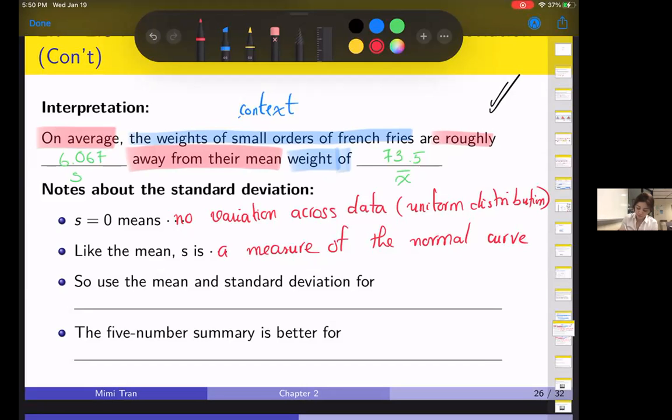The mean measures the center, and the standard deviation measures the spread of a data set.